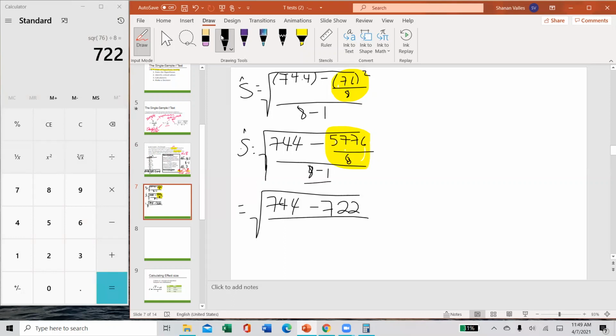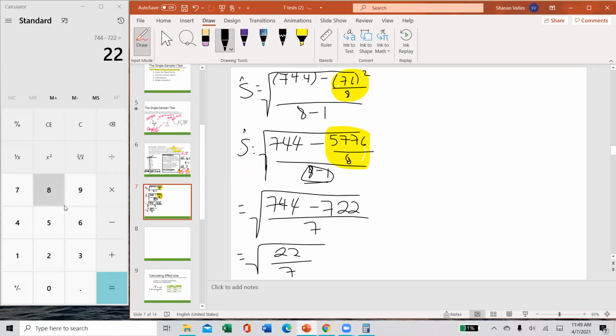I'm going to go ahead and do the 8 minus 1 and put 7 right there. So then we have 744 minus 722, which should be 22, but let's just make sure. Okay, I always doubt myself. 22 divided by 7.